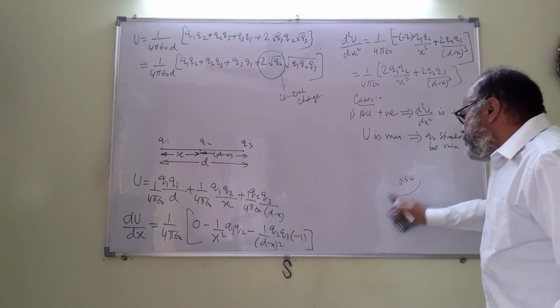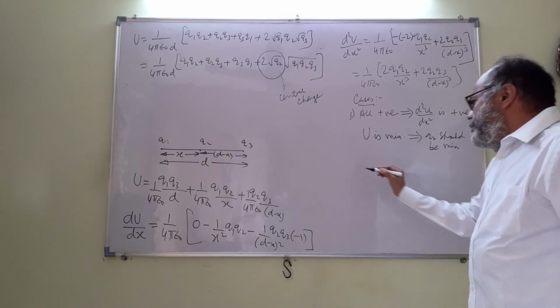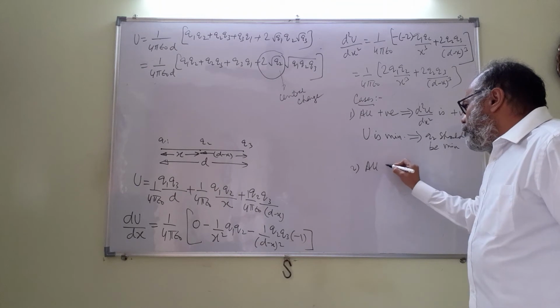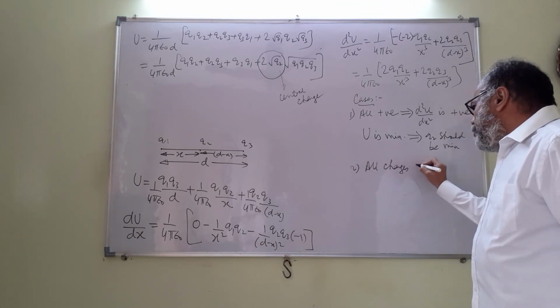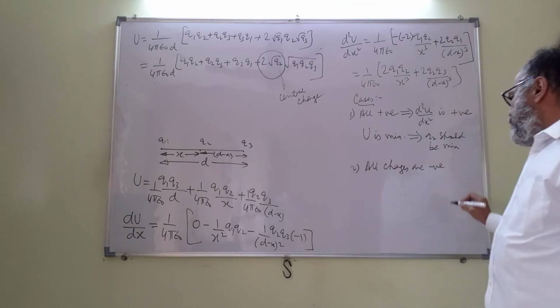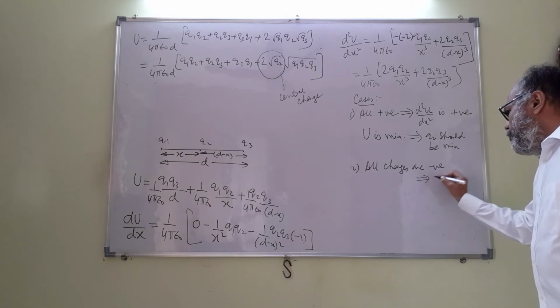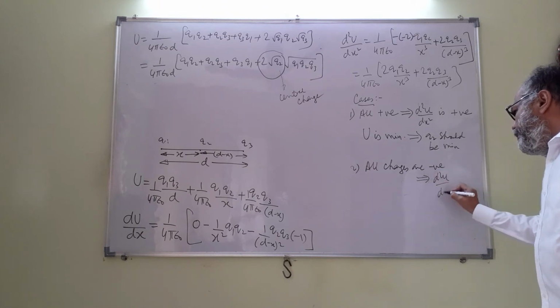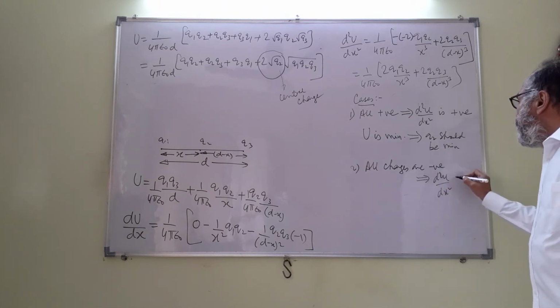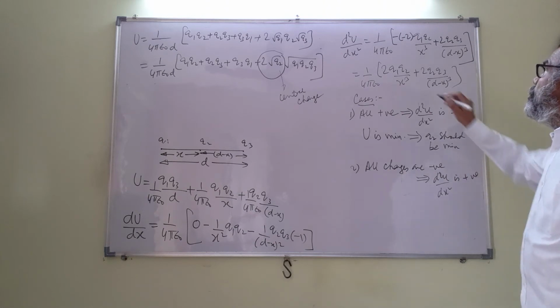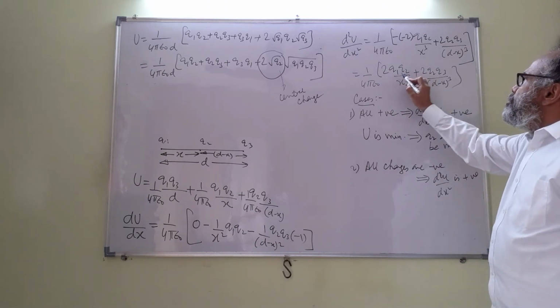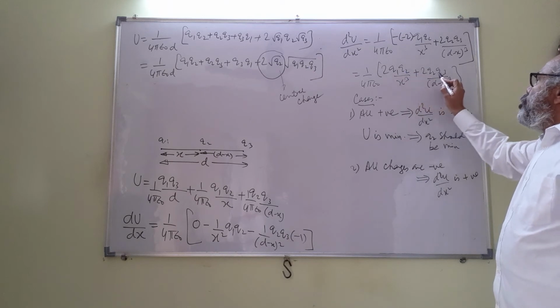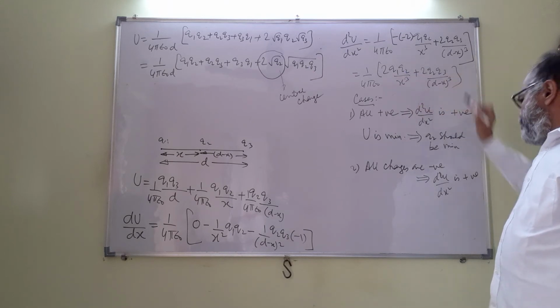Then supposing all charges are negative. If all charges are negative, d2U by dx squared will again be positive, because q1 q2 will be positive, minus and minus is plus. q2 q3 will also be positive, minus and minus plus.